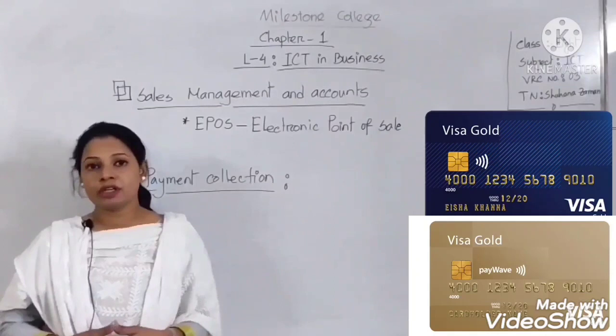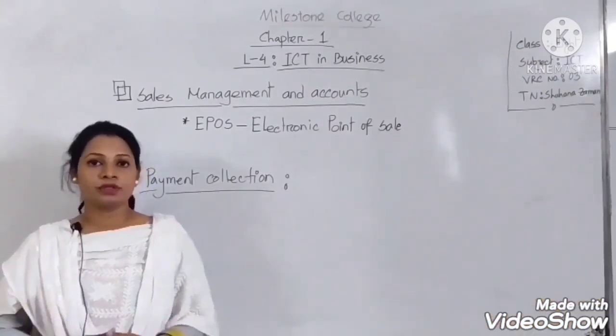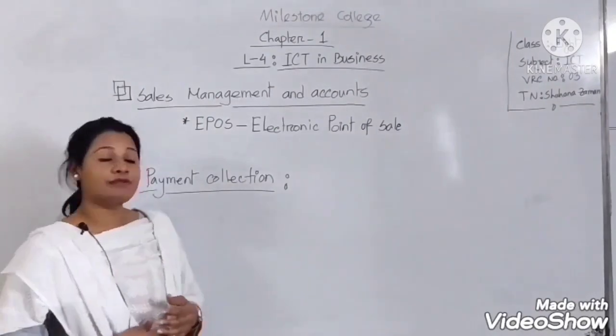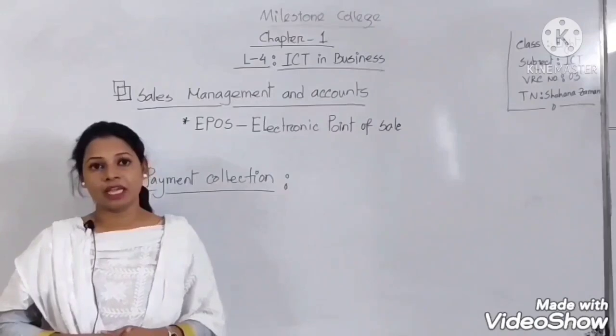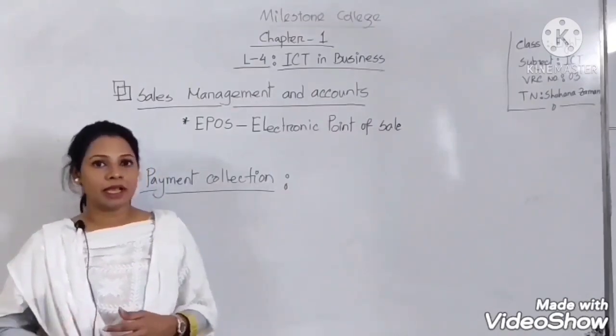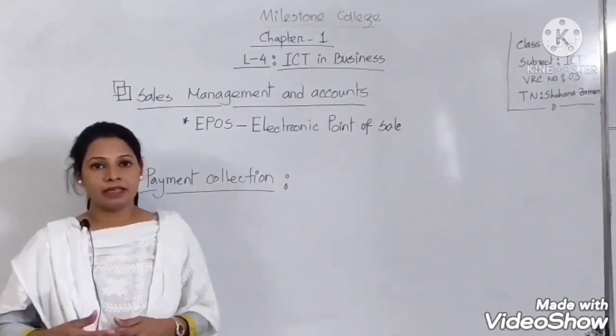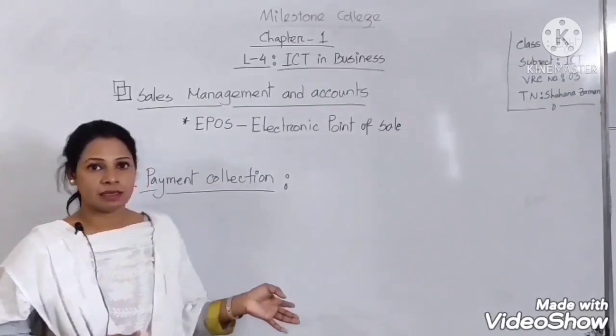If you do not collect your money, your business cannot proceed. So, as a businessman, you have to be more cautious whenever you are collecting money. For that, you can go through digital banking or online banking facilities. My dear students, I hope you are clear up to this lesson.